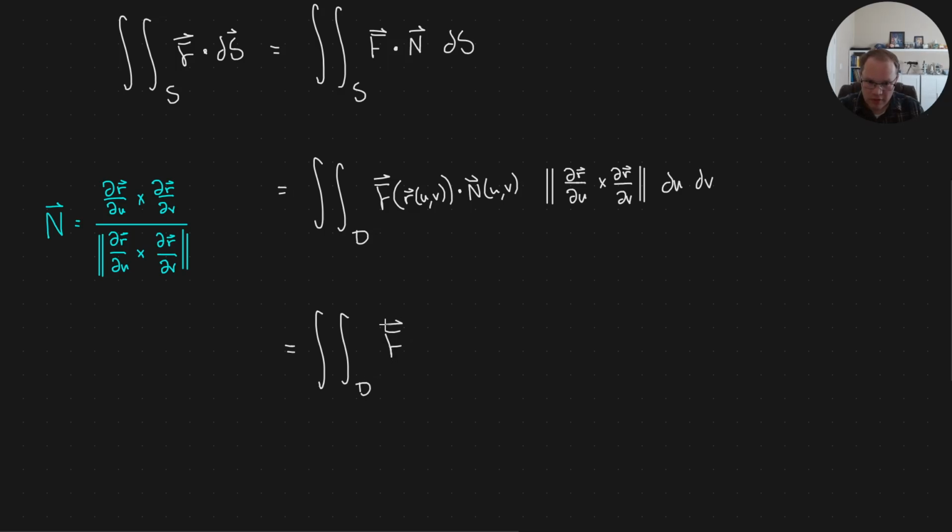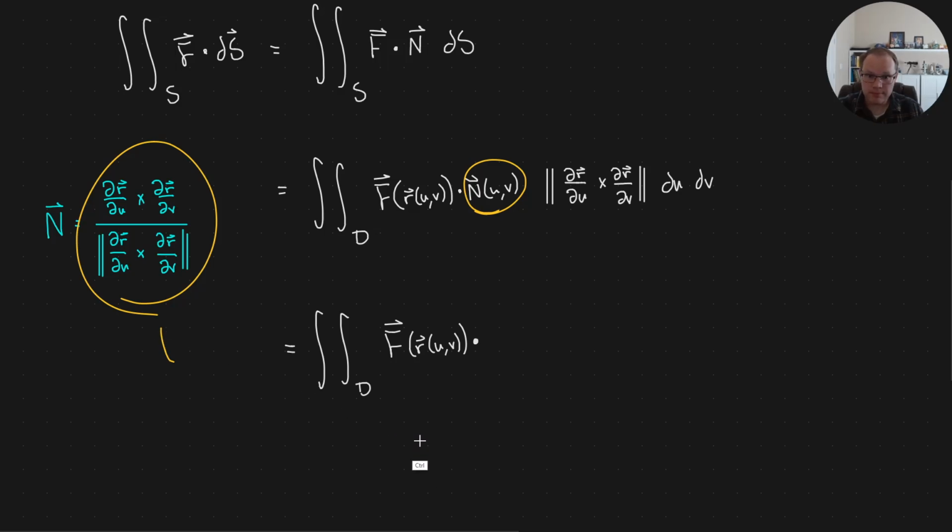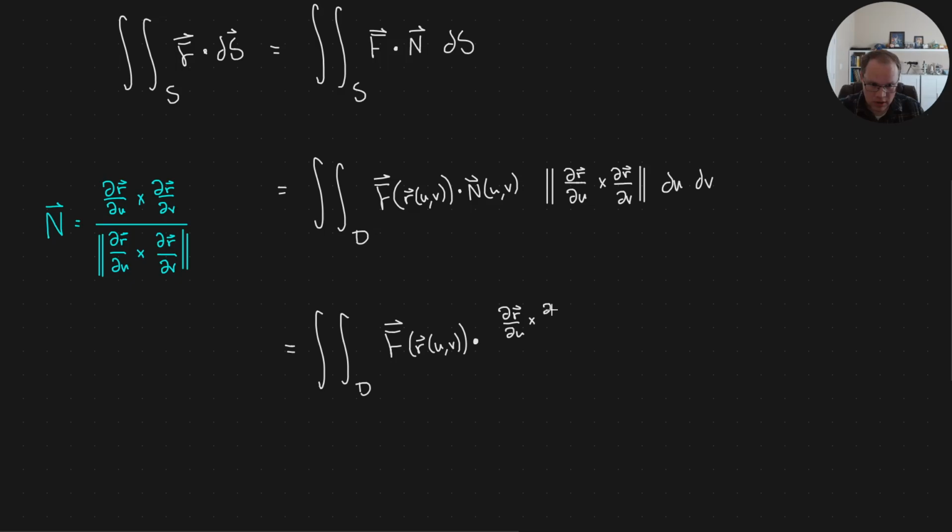So I have f of r of uv, and I'm going to take the dot product and replace the unit normal vector with this expression: partial r over partial u cross partial r over partial v, all over the norm of that cross product. And then I still have the norm of the cross product over here too.